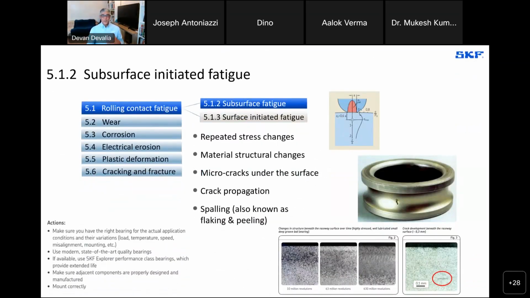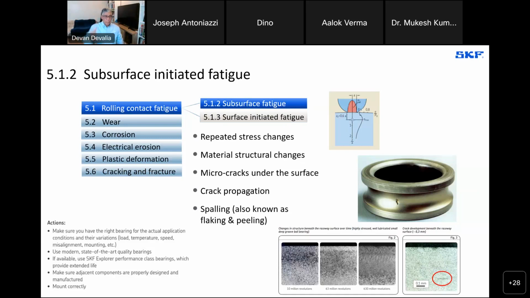So in a rotating bearing, cyclic stresses and changes occur beneath the contact surfaces of the raceways and rolling elements. So if we look at a rotating inner ring on a radial bearing, so the load's going perpendicular to the shaft through the bearing, and let's consider it being a horizontal shaft, let's say.